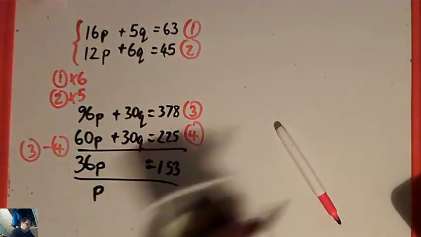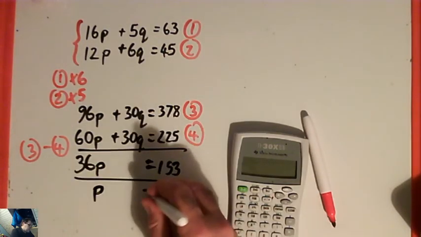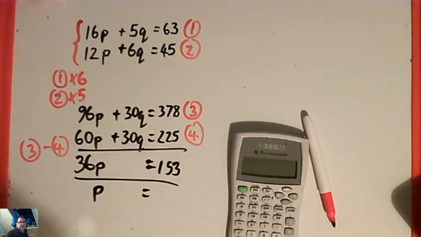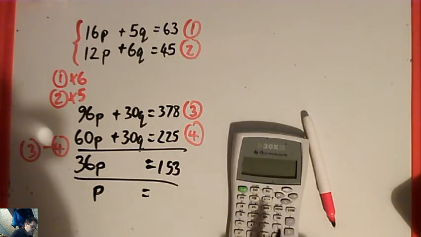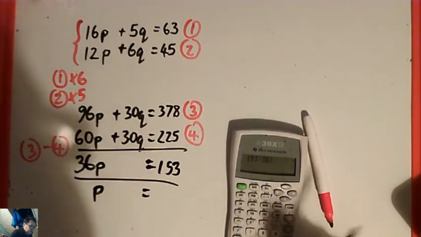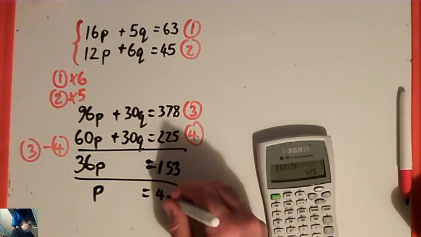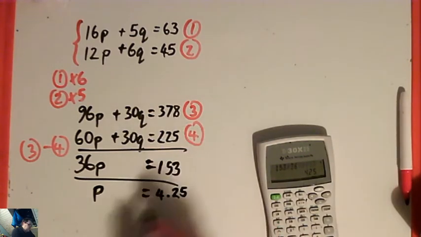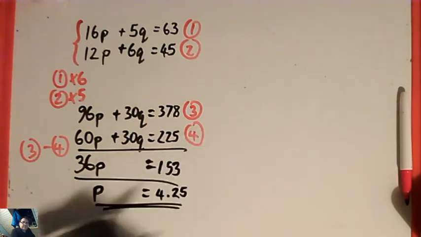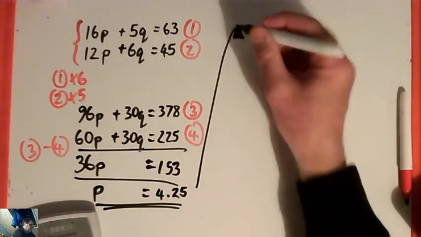I just want to know what a single p is, so I'm going to divide by 36. But I've got to divide by 36 the other side as well to maintain the balance. So I want to know what 153 divided by 36 is. 4.25. So I think I figured out p.